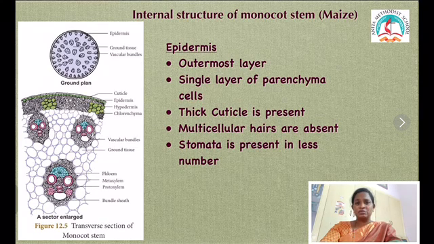Thick cuticle is present. Multicellular hairs are absent. Stomata are present, but they are very few in number. See, there are no hairs, but there is a thin line that runs above the epidermis, which is called cuticle.